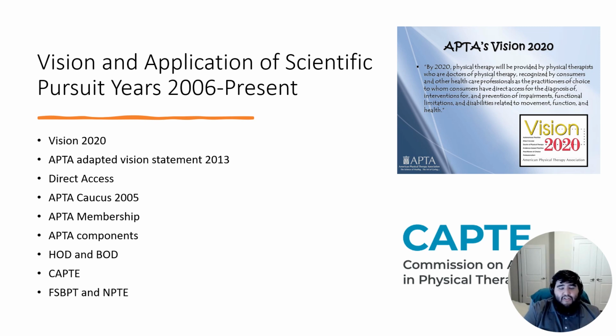Vision 2020 is a statement that they made in 2000: by 2020 physical therapy will be provided by physical therapists who are doctors of physical therapy, recognized by consumers and other healthcare professionals as the practitioners of choice to whom consumers have direct access for a diagnosis of interventions for and prevention of impairments, functional limitations, and disabilities related to movement, function, and health. That's basically the vision they saw in 2000 about what was happening in physical therapy.